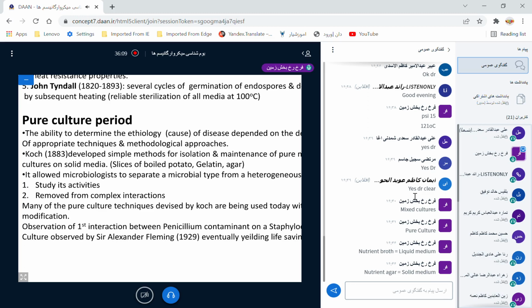When we want to have liquid medium, we use nutrient broth. When we want to have solid medium, we use nutrient broth and we add agar.